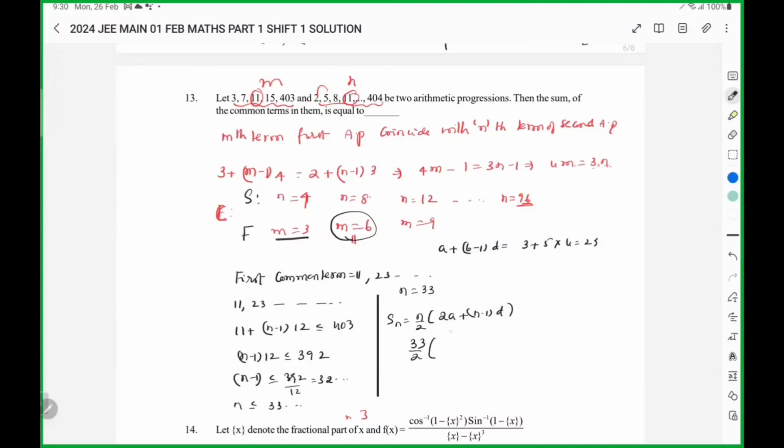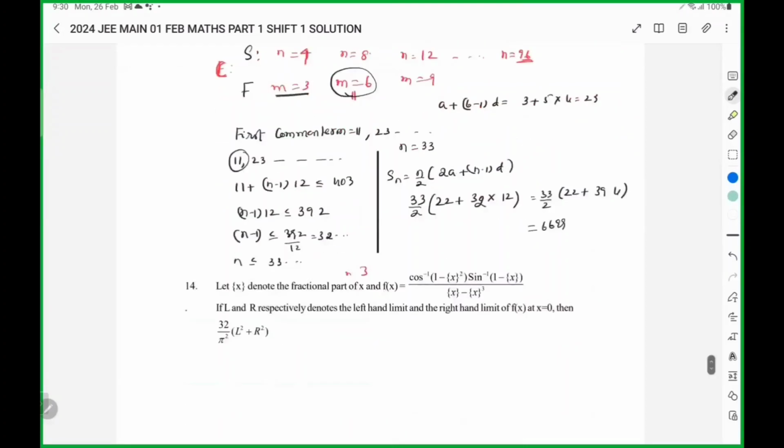That is 33 by 2 into (a is the first common term, 22 plus 32 into d), so 22 plus 384. After simplification, we get 6699.